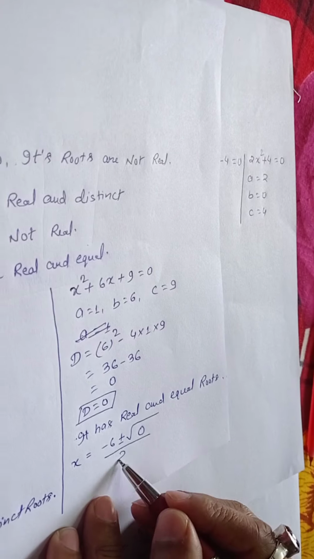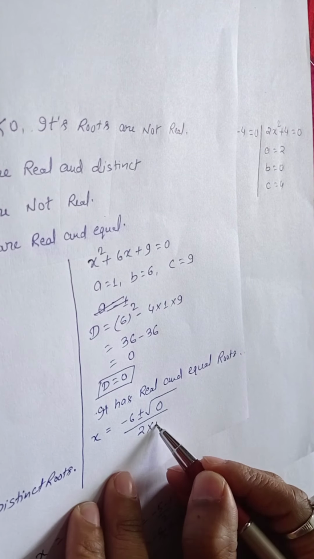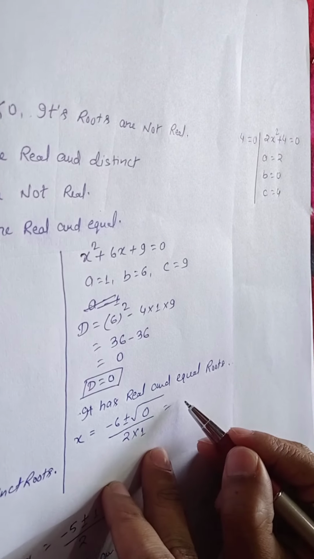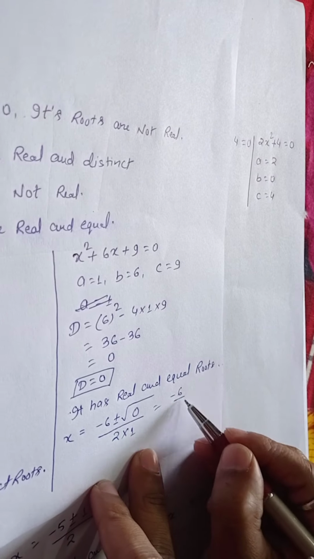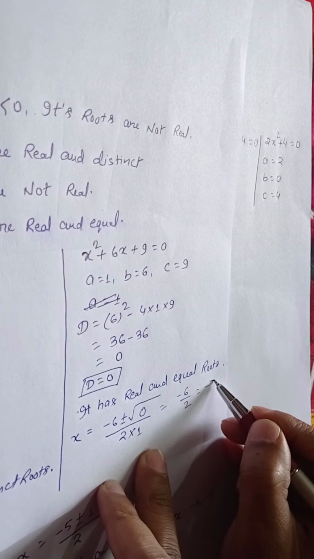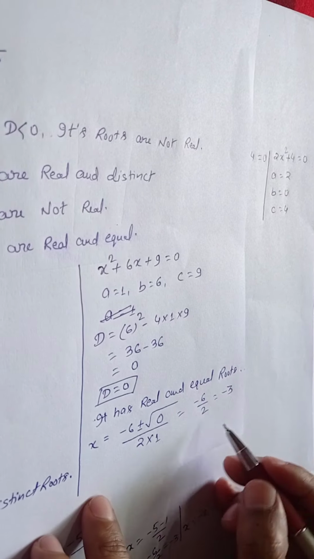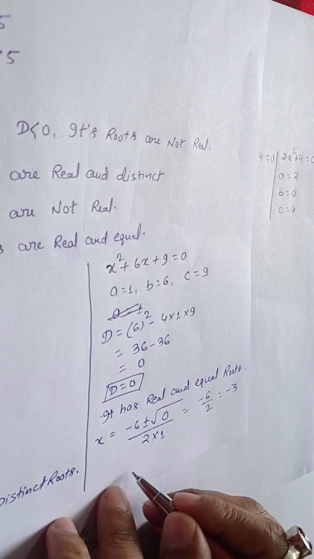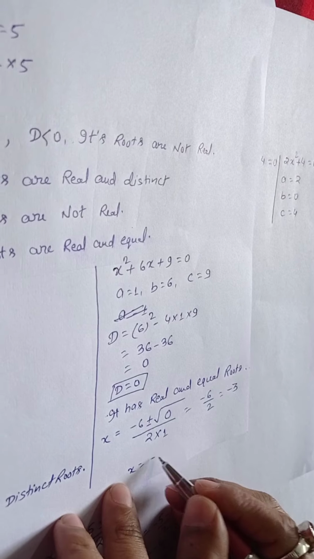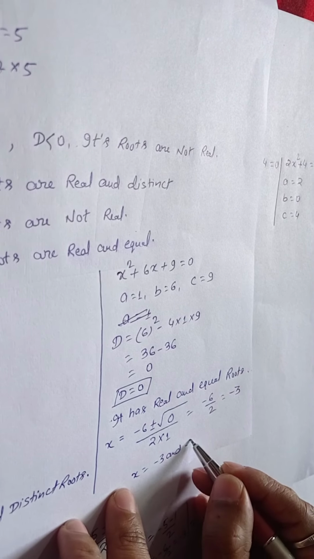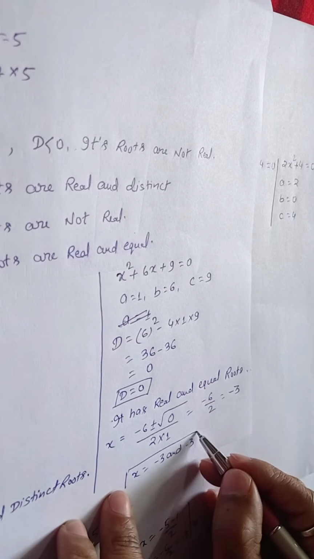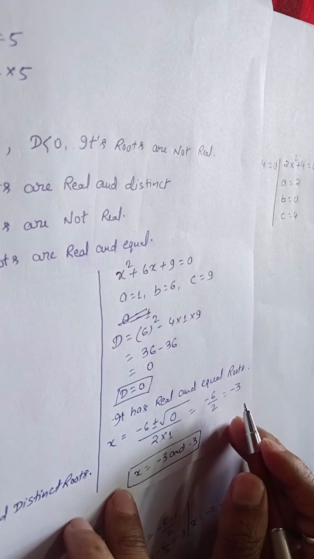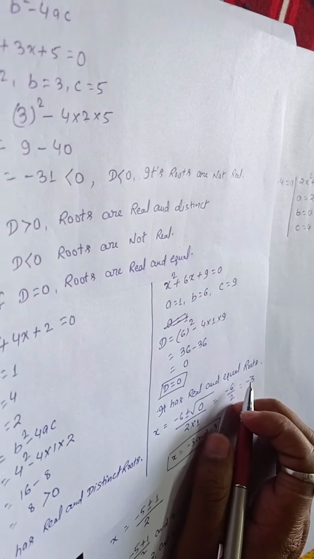And 2 into a is 2, so we can write this as minus 6 by 2. It means the answer is minus 3, and here both answers will be minus 3 plus 0 and minus 3 minus 0. It means x is minus 3 and minus 3, which are equal roots.